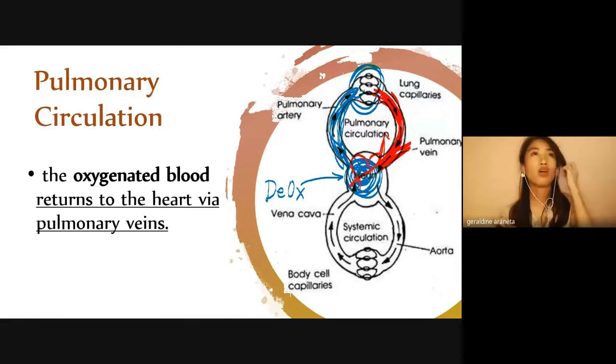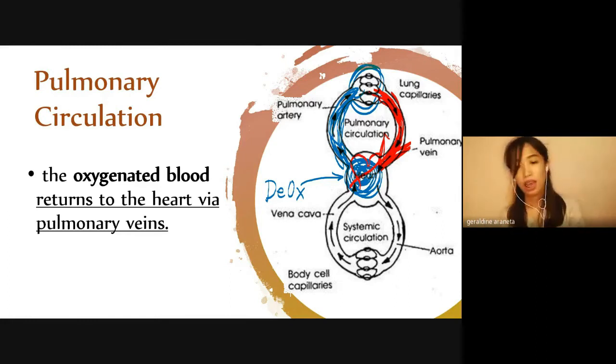If you're going to look at the blood personally, makikita niyo yung difference ng blood na may oxygen tsaka blood na walang oxygen. Yung blood na may oxygen, bright na red siya. Yung blood na walang oxygen, medyo dark yung pagka-red niya. Okay.